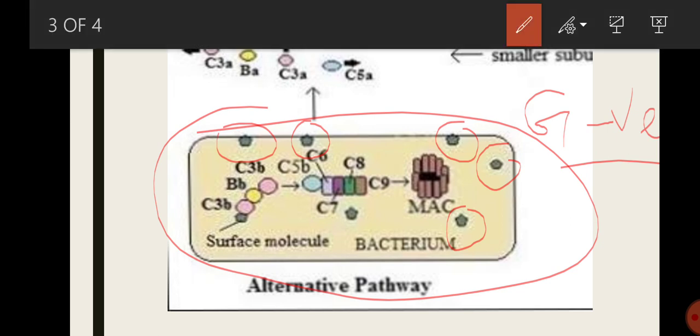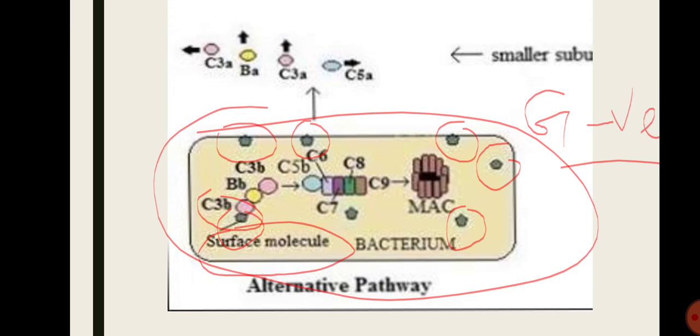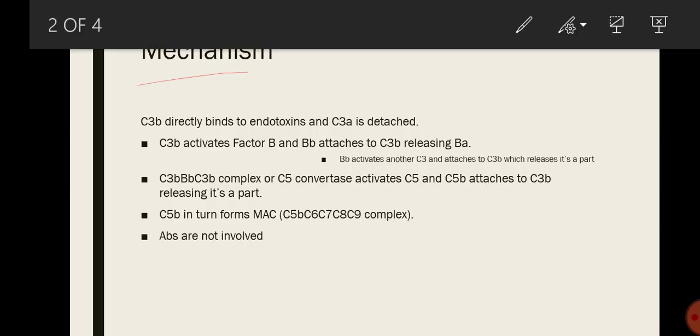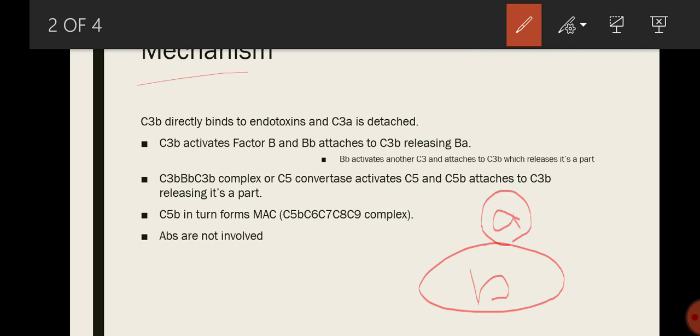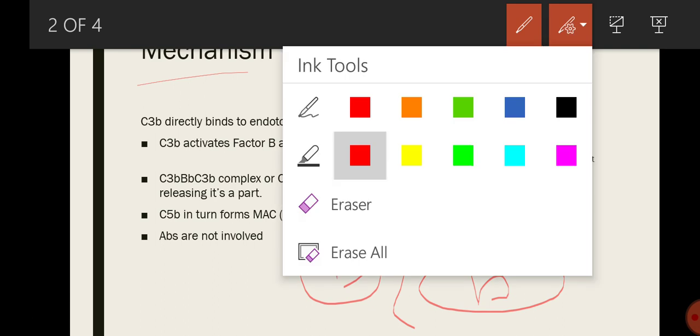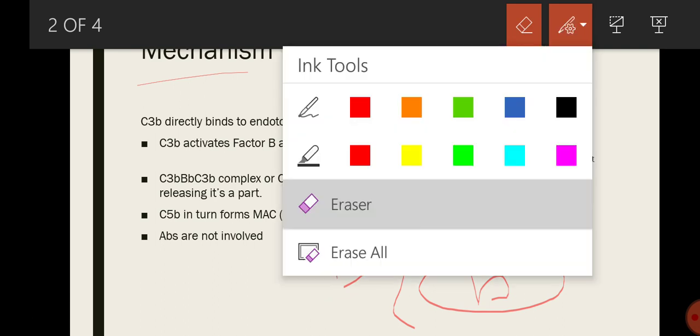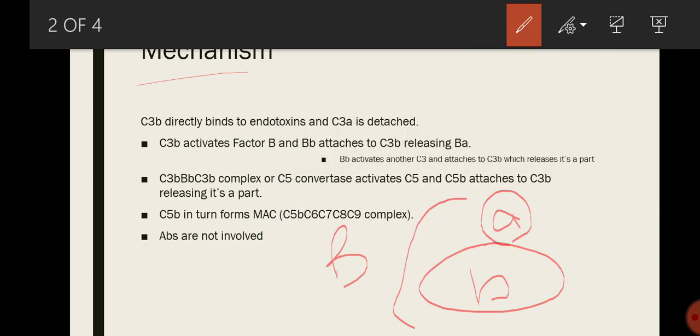Here is the endotoxin surface molecule with which C3b will bind, and C3b will cause the activation of a special factor known as factor B, or simply B. If I go back and tell you something, here is part B and here is part A, and total is B. Now C3b will cause the activation of the factor B by removing this part.